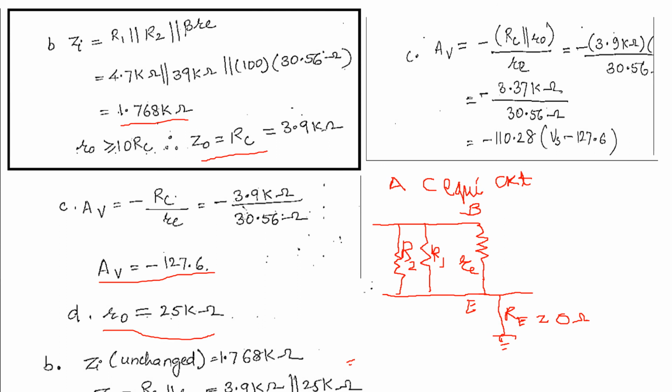Then between the collector and the emitter terminal there is a current source which is beta IB. Along with this there is R0.